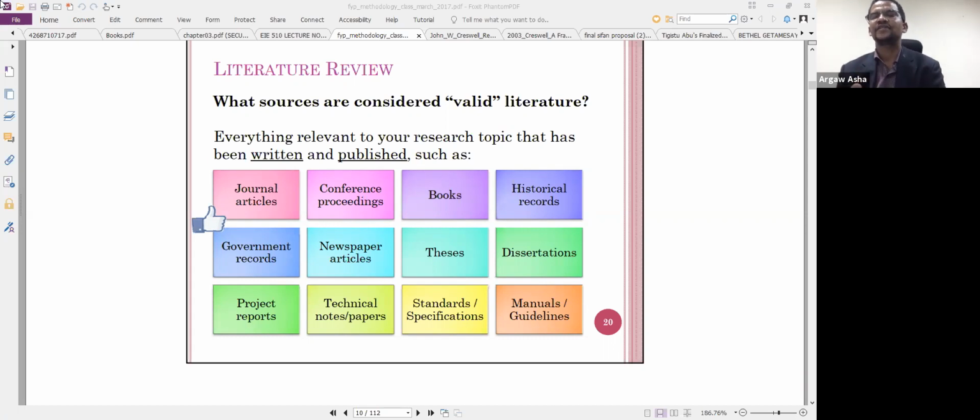Manuals and guidelines show you the steps. For instance, the specification for C25 is already mentioned over there, but there is no guideline or manual to give you steps. Guidelines show you the steps.